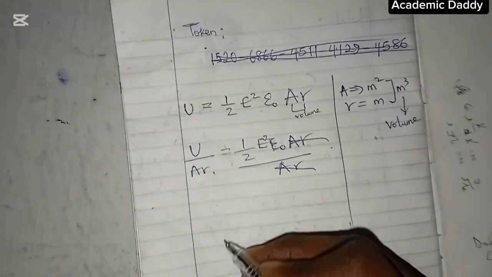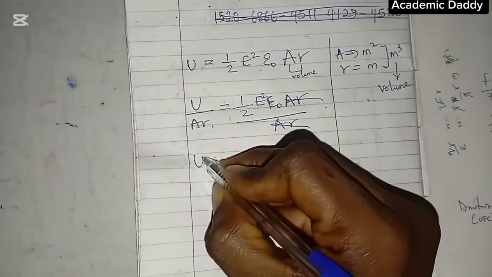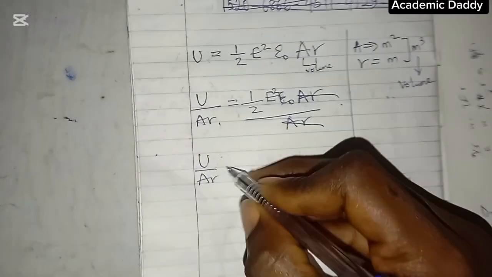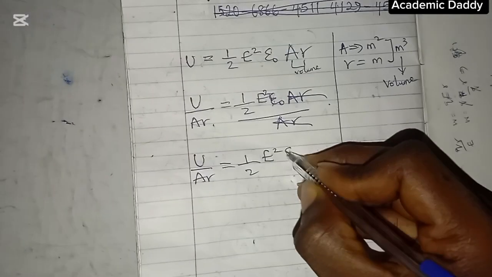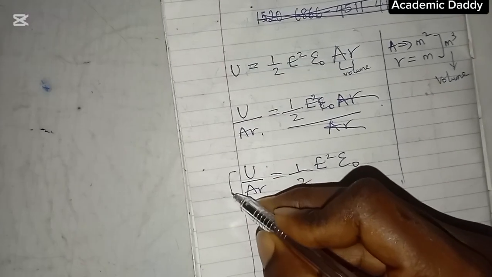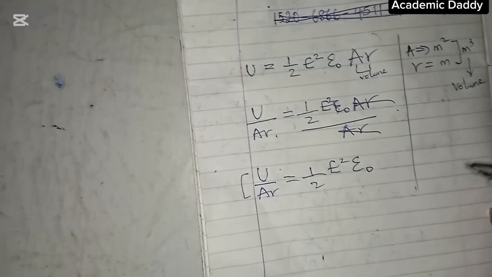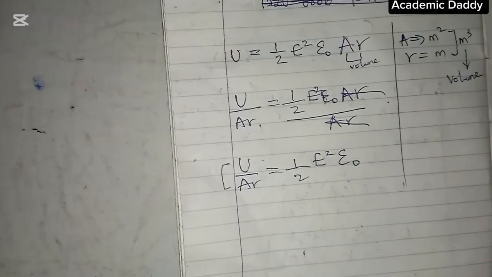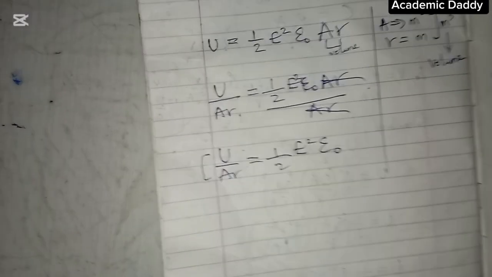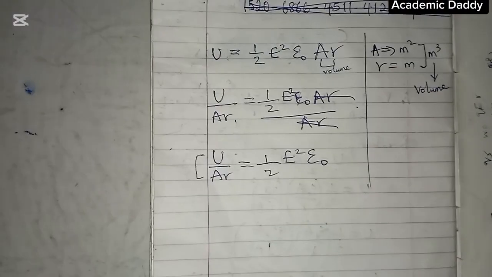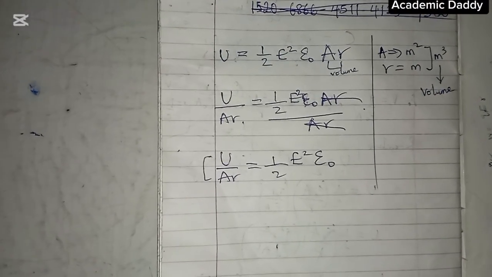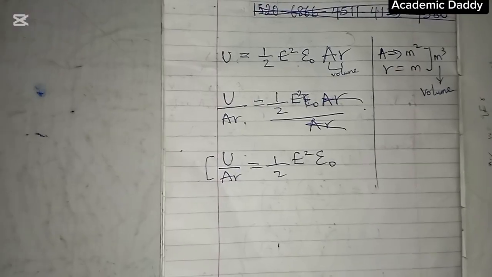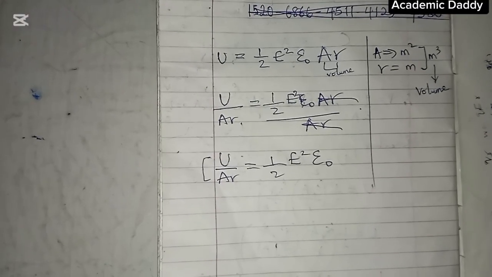This will cancel this, so that I now have U over AR equal to half E squared ε₀. And I want you to note something. Anytime you have something over volume, it means density, or volume density. Anytime you have something over area, it means surface density. And anytime you have something over length, it's more or less linear density. You need to have that in mind, even if it has another name.